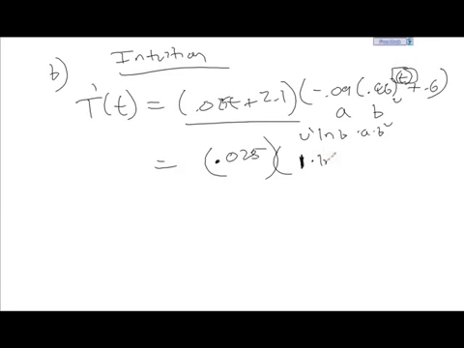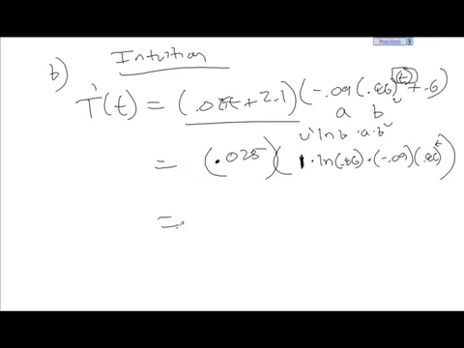Times the natural log of the base, which is 0.86, times a, which is negative 0.09, times b, which is 0.86 to the t power. Now, the derivative of a sum, remember, is this: we take the derivative of each term separately and then add them together. So the derivative of 0.6 is 0 because it's a constant, and we're left with this sucker here.